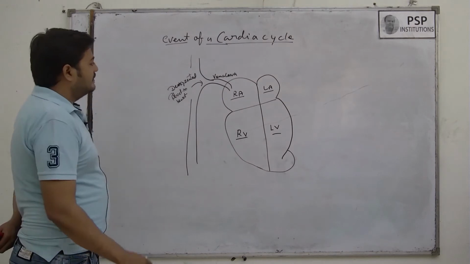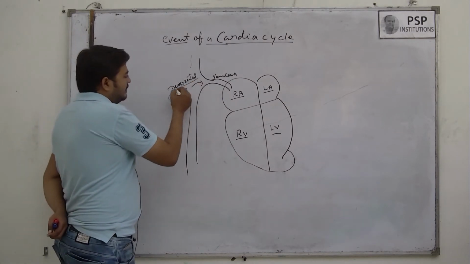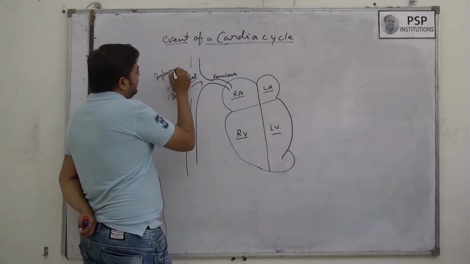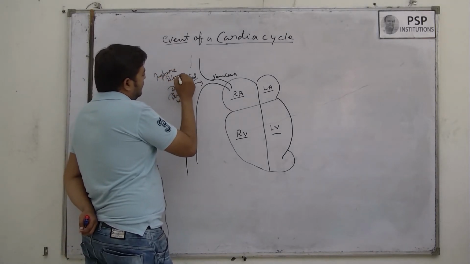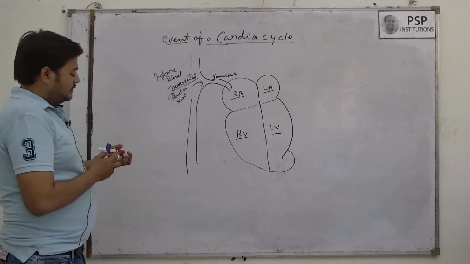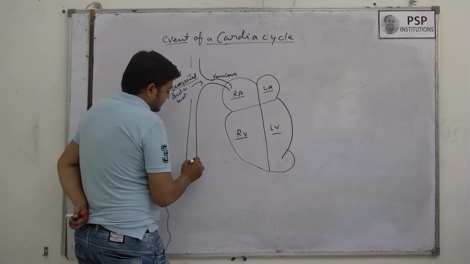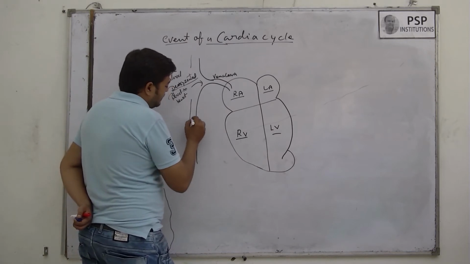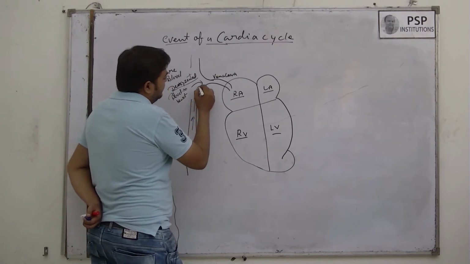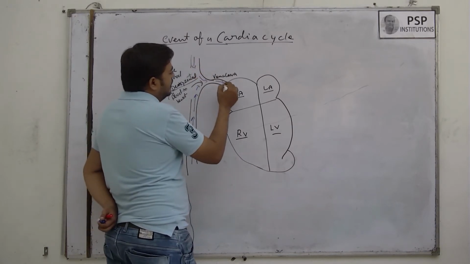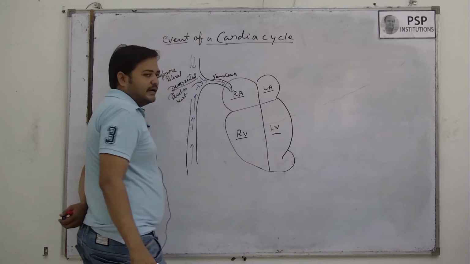And which blood? Deoxygenated blood. It is also called impure blood. Okay, so the vein which comes to the heart carries deoxygenated blood to the heart in the right atrium.